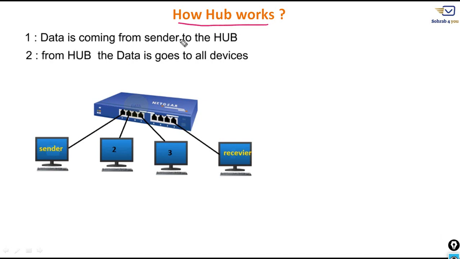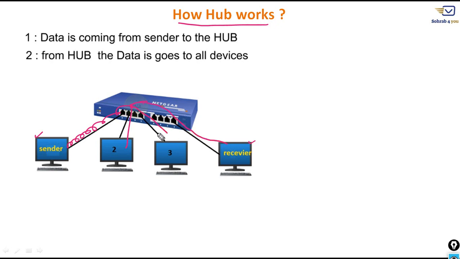Data is coming from the sender to the hub. From the hub, the data goes to all devices. Suppose this is our sender and this is our receiver. The data comes from the sender to the hub. When it comes to the hub, from the hub it goes to all the devices. It comes here, here, and here.